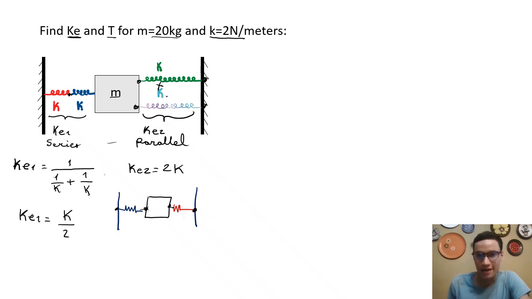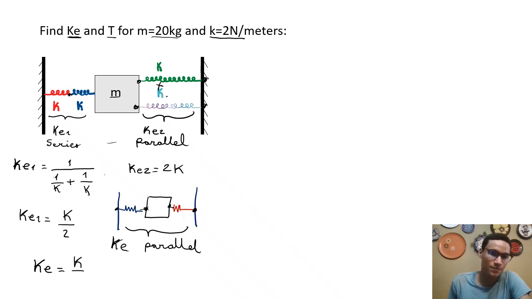So they are in parallel. And we can say this is K equivalent overall. They are in parallel, so we just sum them, and K equivalent overall is just equal to K divided by 2 plus 2K. And this is equal to 5K divided by 2.